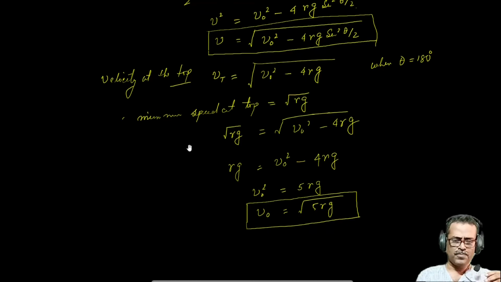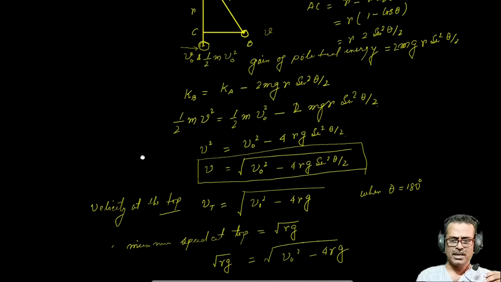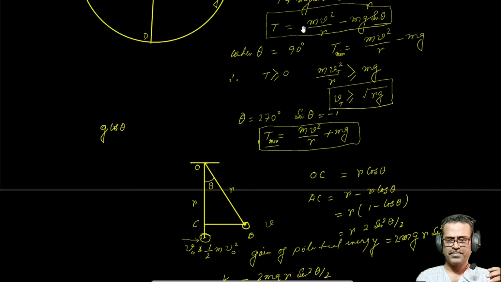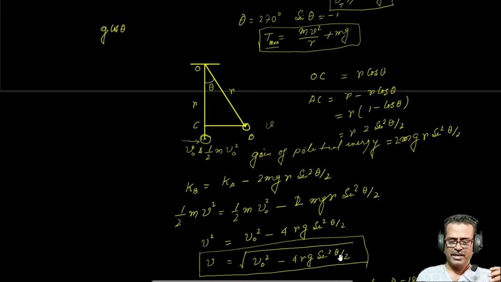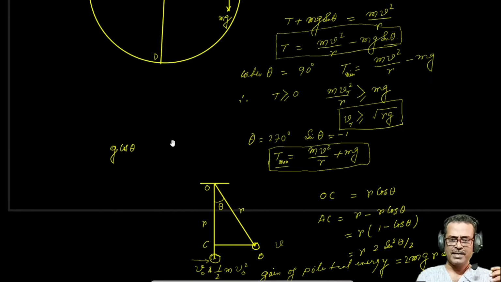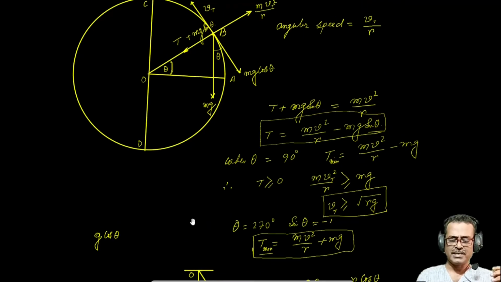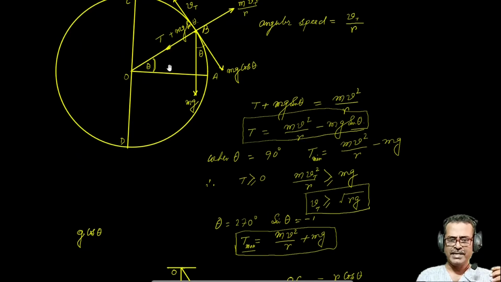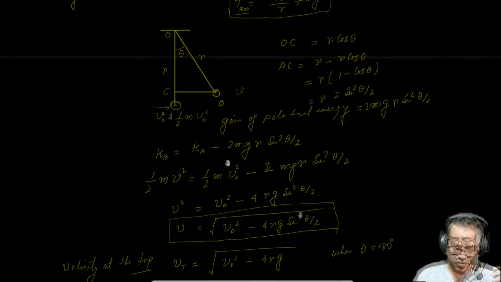And also we can calculate the tension at various positions by using this relation and the above relation. But theta is different: here theta is from the bottom, and it is from the x-axis. So the difference between this theta and that theta is 90 degree.